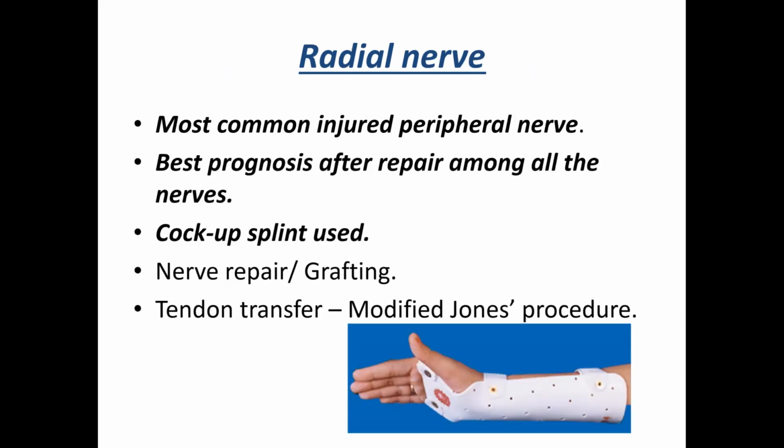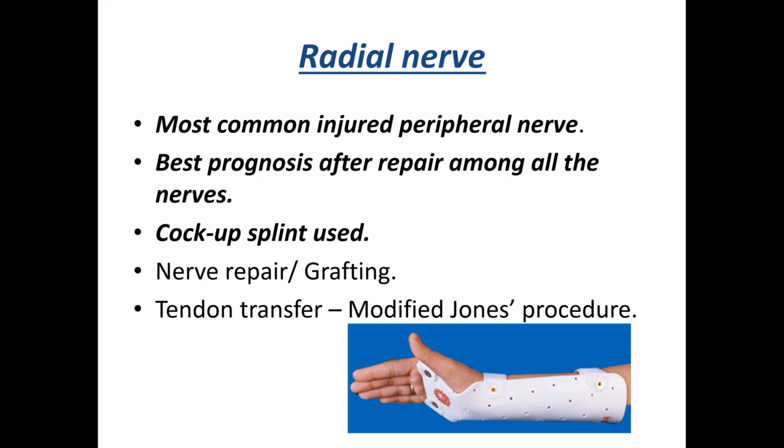Now radial nerve, out of all the peripheral nerves in the body, has the best prognosis after injury. Why is that so? There are two important reasons. One, radial nerve is a predominantly motor nerve. It has a very small component of sensory innervation, so it largely contains only one kind of fibers.